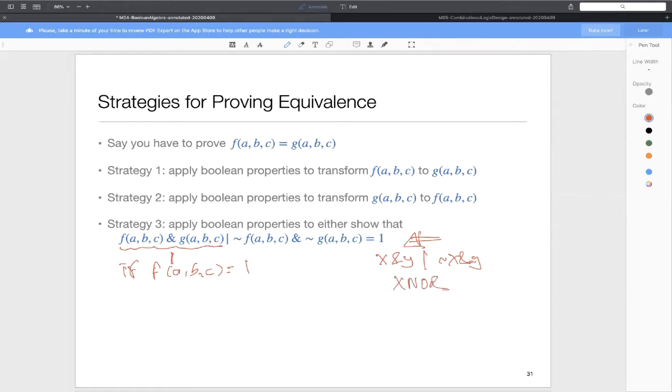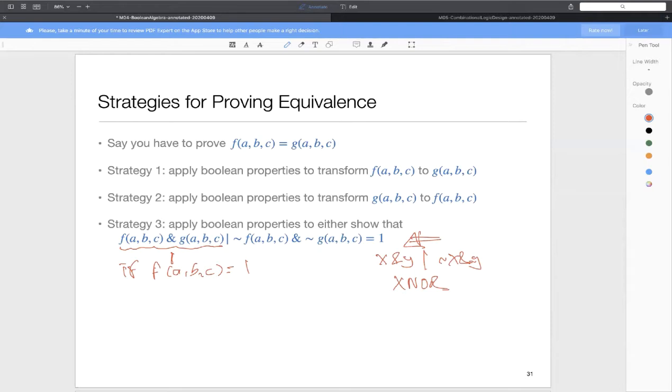XOR was when the two are unequal, and XNOR is the other way around. So really, what we are saying is that the XNOR of f and g is true. Now the reason this approach is easier is because on the left hand side I have this complicated expression, and my goal is to reduce it to 1.